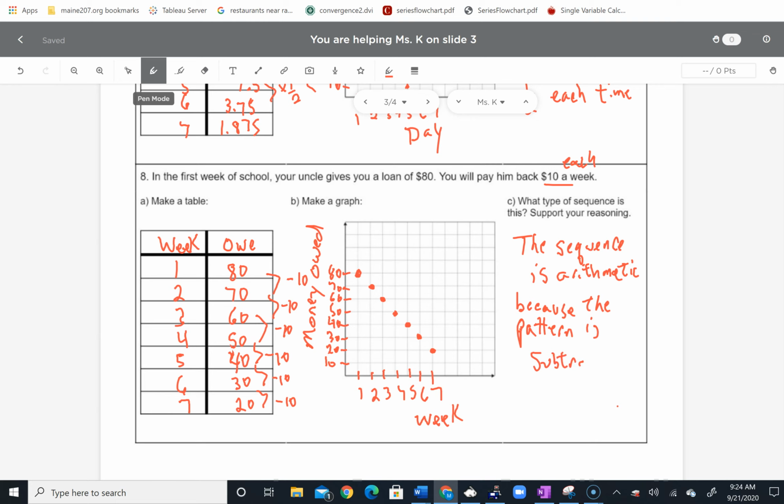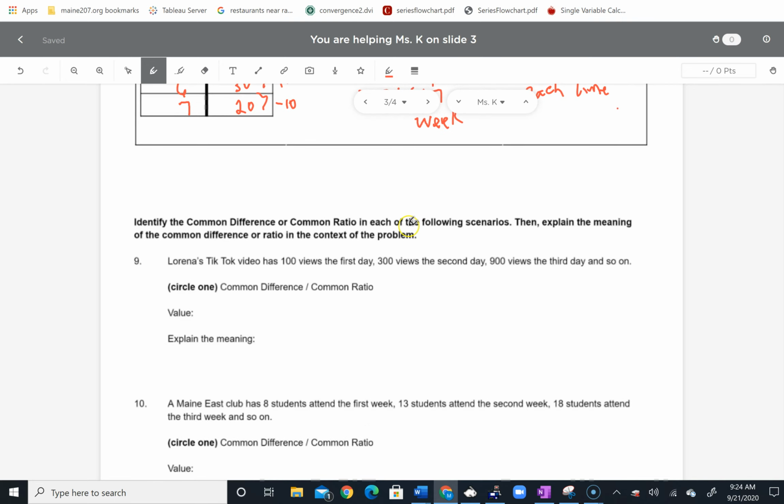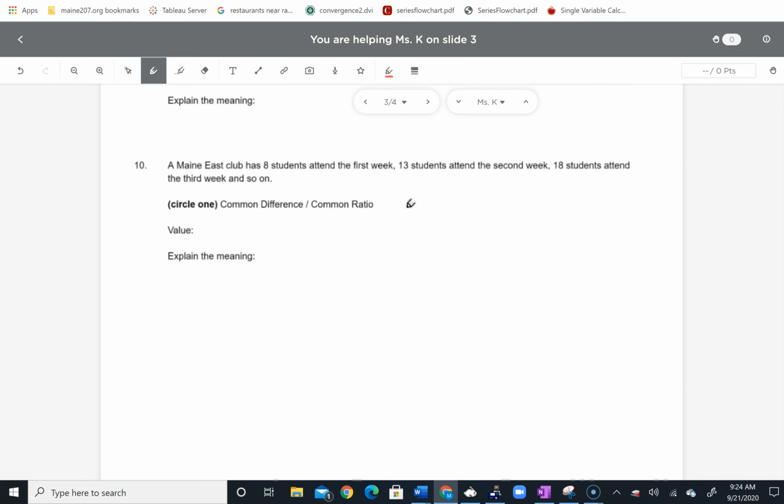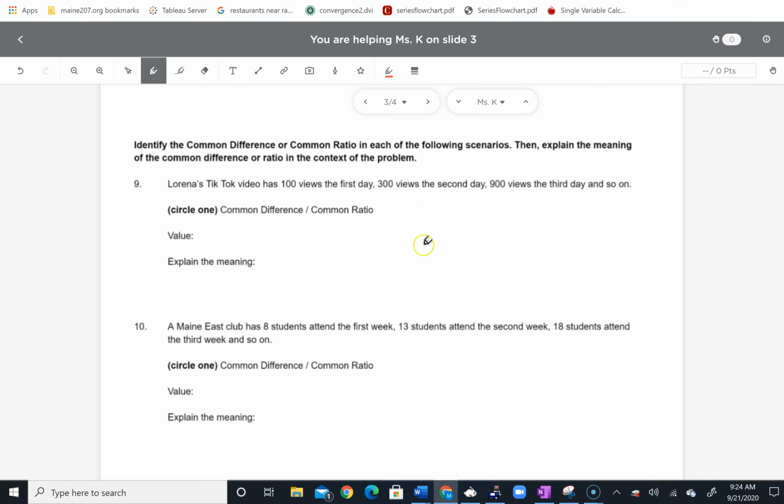So anytime you're adding or subtracting, you're going to have something arithmetic.